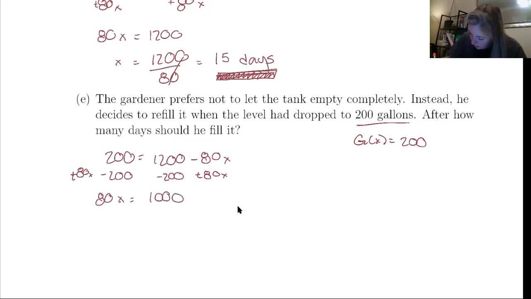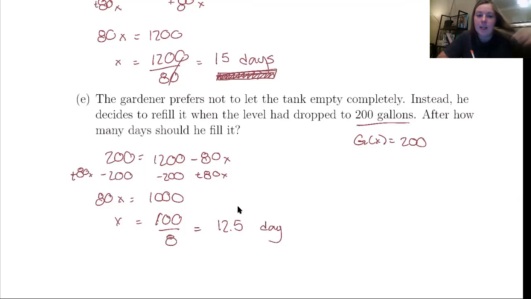No, sorry, 1,000. So x would equal 100 over 8, which is going to be 12.5 days. So like noontime, going in for lunch, he'll go and change the water on the 13th day. So after 12 and a half days have passed.